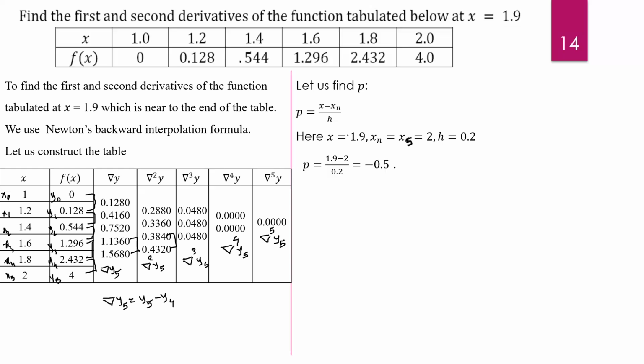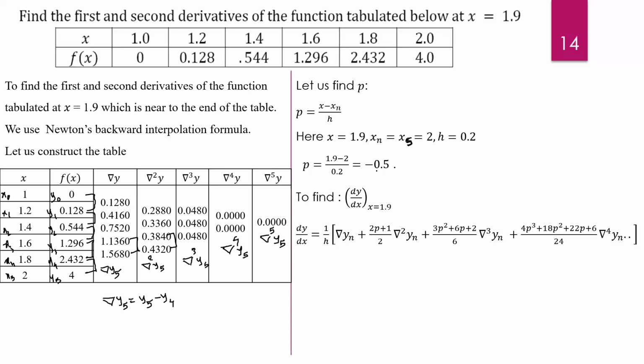Simplify: 1.9 minus 2 divided by 0.2, so we get minus 0.5. Substitute this value in the first order derivative of the backward interpolation formula. We have discussed this formula in the derivation. So substitute here p is equal to minus 0.5. The second term is 0. In the first term, p is not there. So we get this.